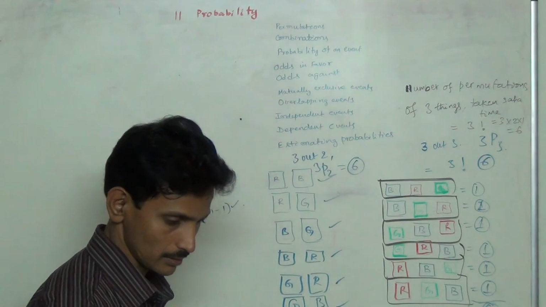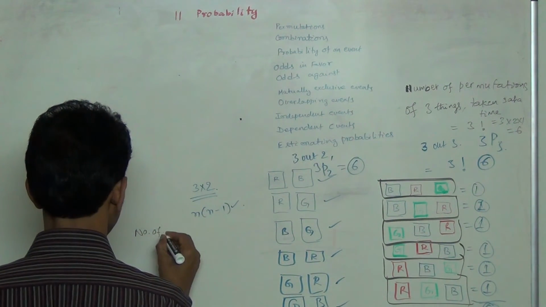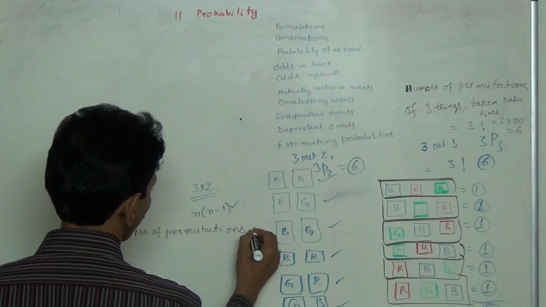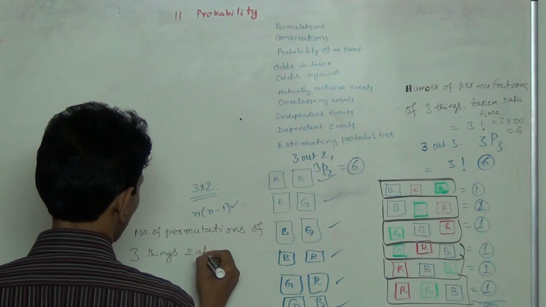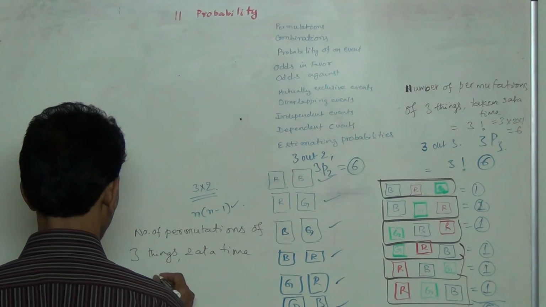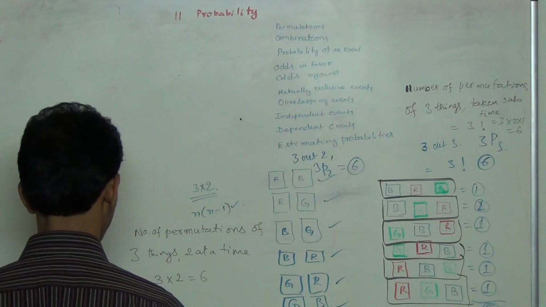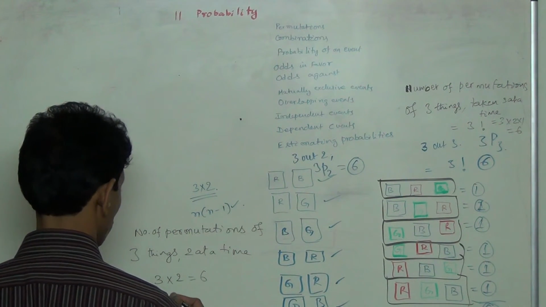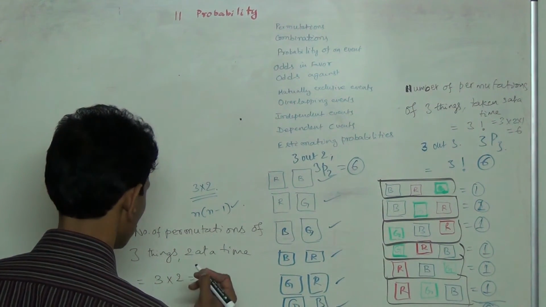Number of permutations of three things taken 2 at a time is equal to the product of 3 times 2, which is 6. So this is written as 3P2, permutations of 3 things 2 at a time, where the factors are repeated up to 2.